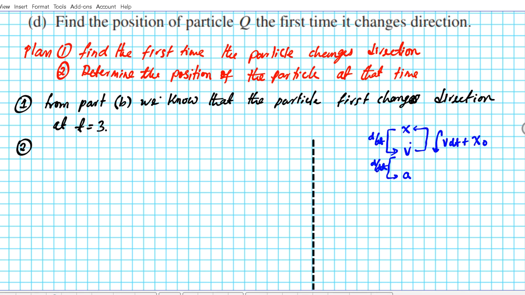Okay, so we're given the velocity function here, and then we're just going to find the position at this particular time for that. Okay, so let's go ahead and write down the formula.